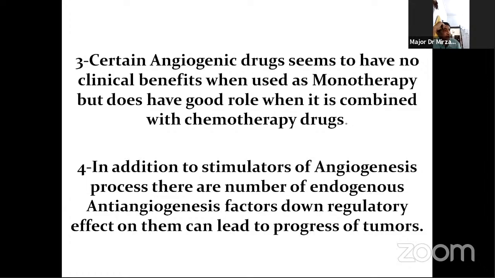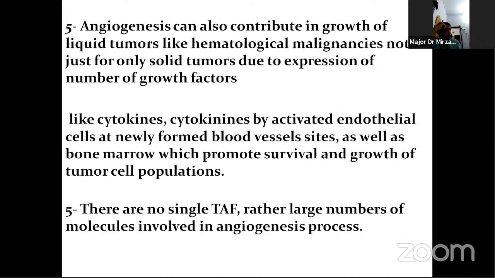In addition to stimulators of the angiogenesis process, there are a number of endogenous anti-angiogenic factors, and down-regulation of these leads to progress of the tumor. Angiogenesis can also contribute to the growth of liquid tumors like hematological malignancies.